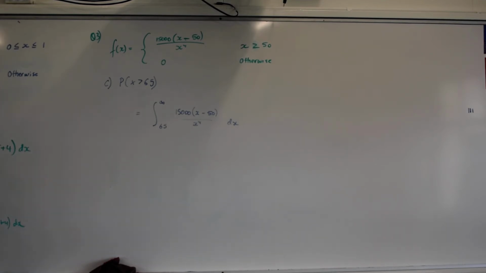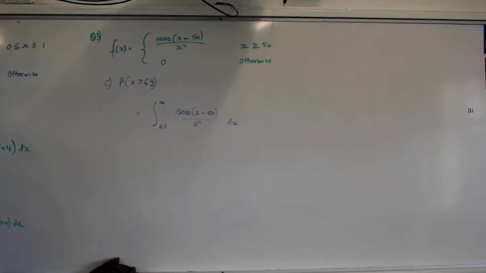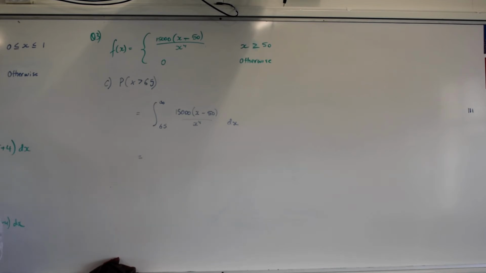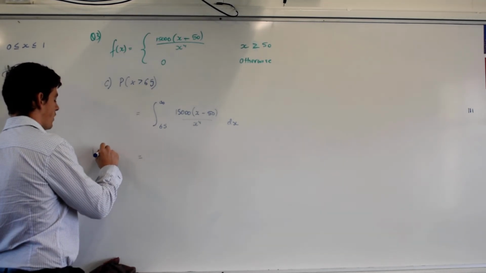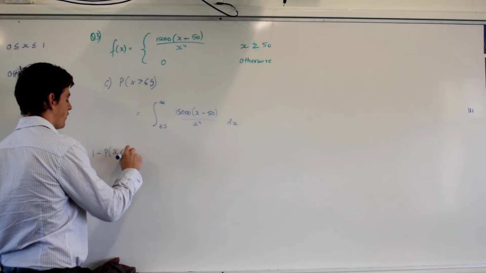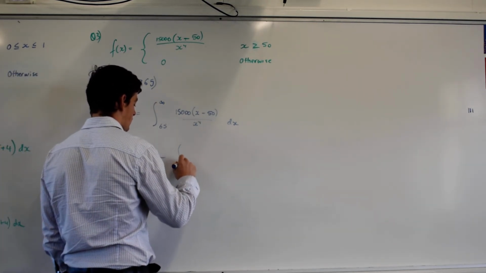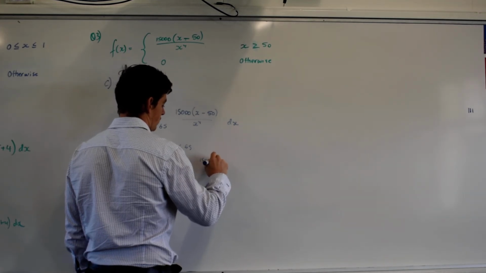So, my other class said you can make this number really, really big, which is an option. It's not the worst option, it's an option. You can make that really, really big so it acts like infinity. But if you wanted to be precise, and particularly if we were dealing with a tech-free exam, I could also represent this as 1 minus P(x is less than 65). So I could say 1 minus 50 to 65 of my same function.